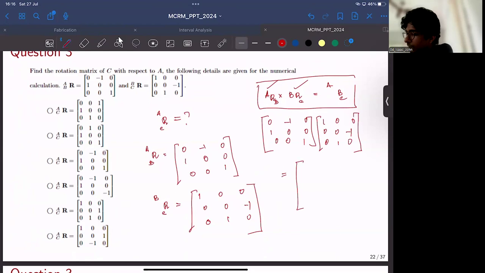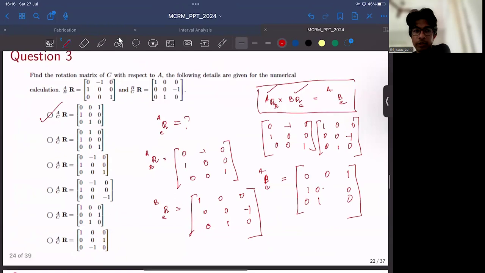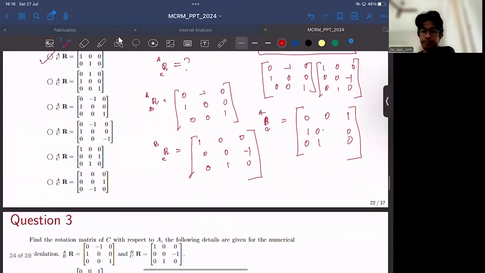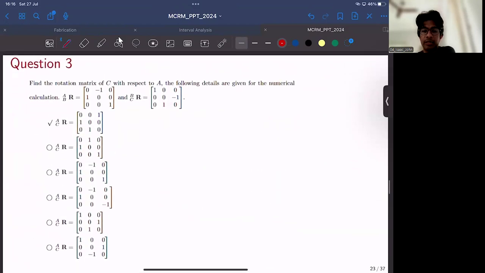If you multiply this out, what will be the answer? It will be 0, 0, 1, 1, 0, 0, 0, 1, 0. This will be the rotation matrix of C with respect to A. So I think the correct answer is option A for question 3. Right? So that is indeed the answer.